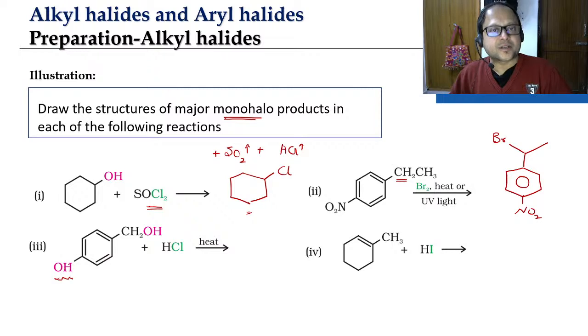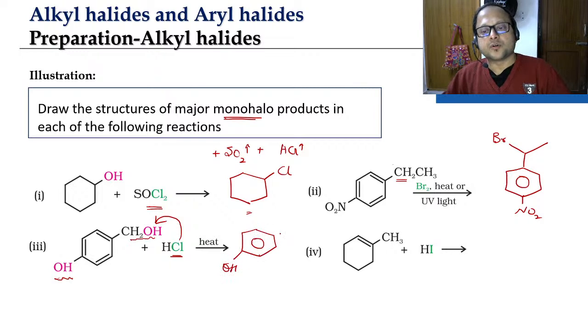Because of resonance, a partial double bond will be there, so it is very difficult to break this particular bond. However, this is on the side chain on the benzylic carbon, so it can be easily replaced. So this chlorine is definitely going to attack here and replace this. So what is going to be the output? This OH will not go, but this will go and you will get chlorine over here, right? I hope this is also very much clear to all of you.